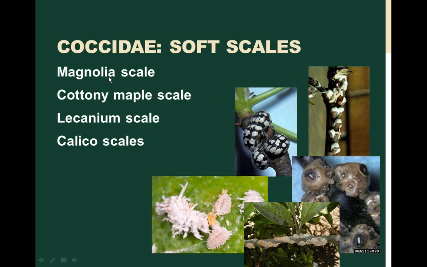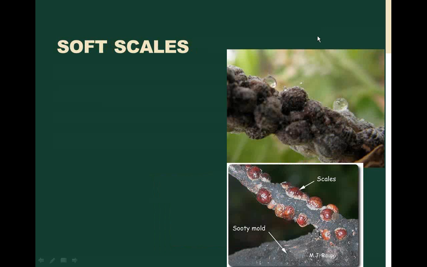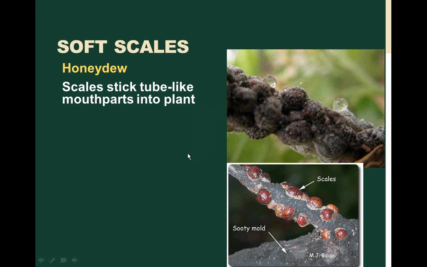So these are some examples of some soft scales. The magnolia scale is one of the largest scales. It produces a tremendous amount of honeydew. If anyone has ever come up to a magnolia that's infested, I hope you know what they can do. These scales, you can see, it seems like there's not enough room in there. You can see the honeydew that's coming out.